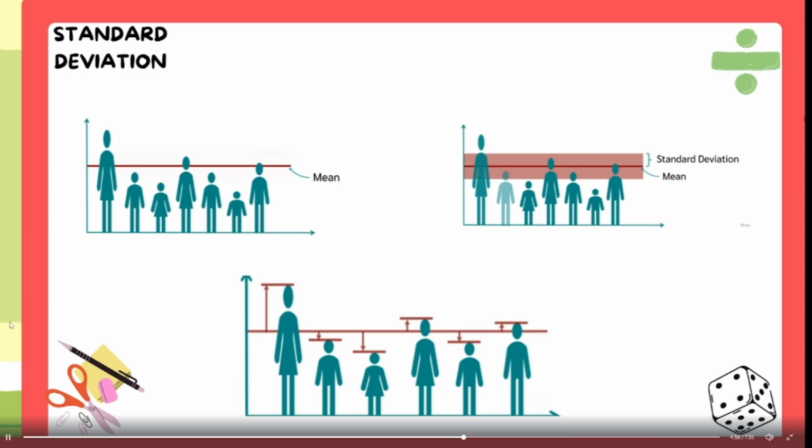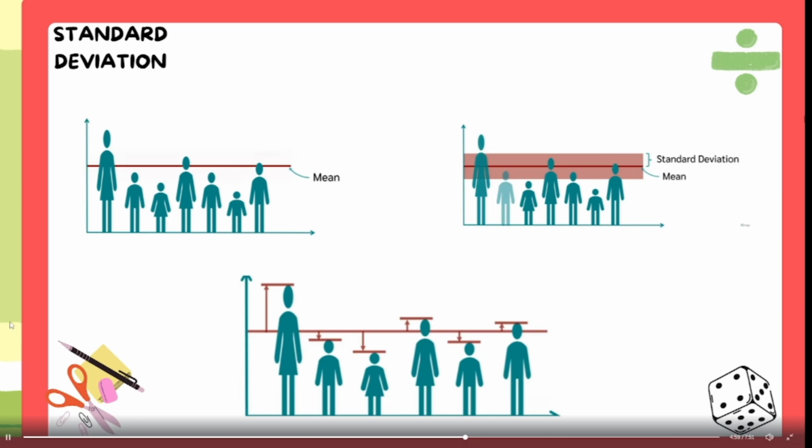Top right, this red bar represents the typical range of spread around the average. If that bar is thin, it means most people are very close to the average height, showing the group is highly consistent. If the bar were wide, it would mean heights are scattered all over, indicating a highly varied group.